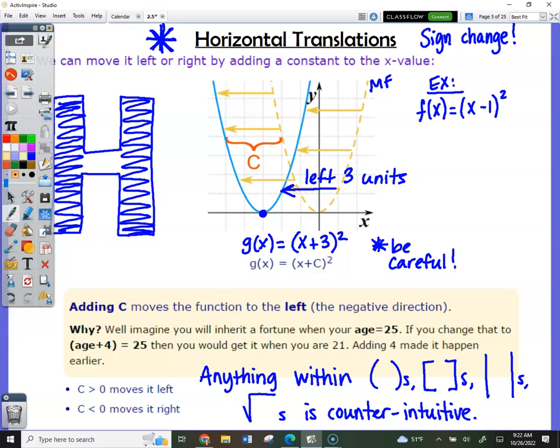I see -1 in here. It's going to be backwards, so I'm actually going right 1. So this would mean right 1. I'm just going to draw an arrow. Right 1. Let's do another one. h of x equals the square root of x plus 4 minus 5. Ooh, look where the minus 5 is. It's not under the radical.